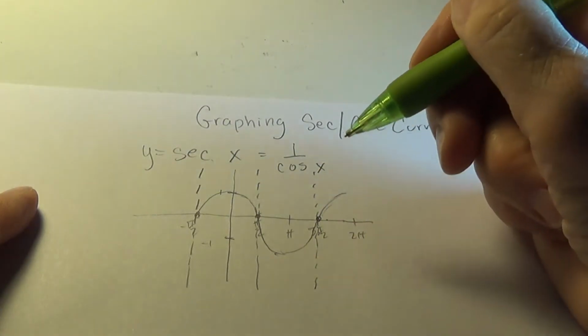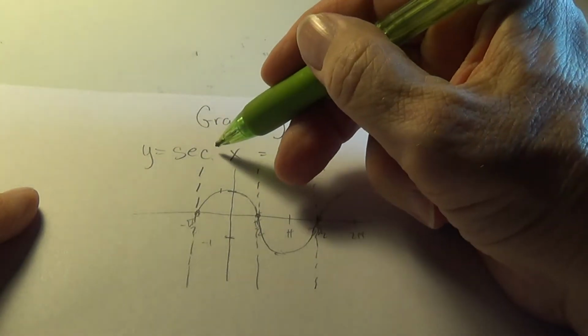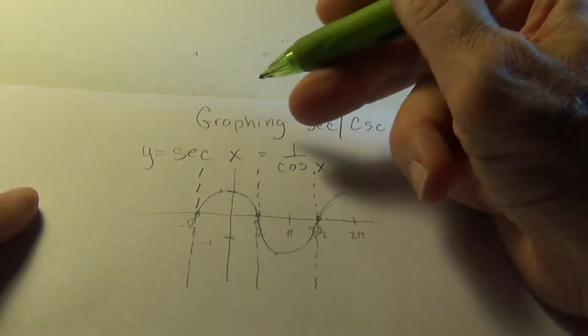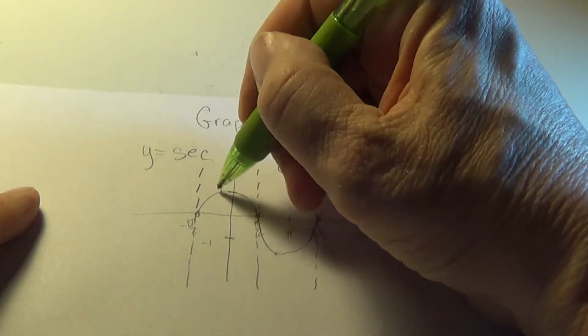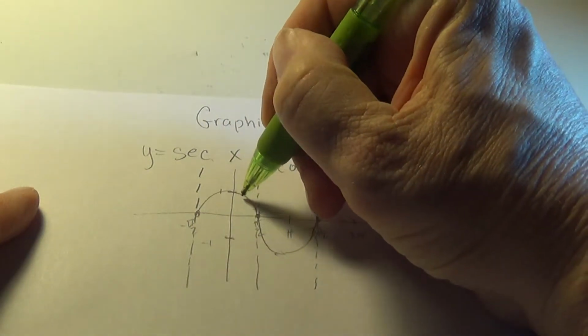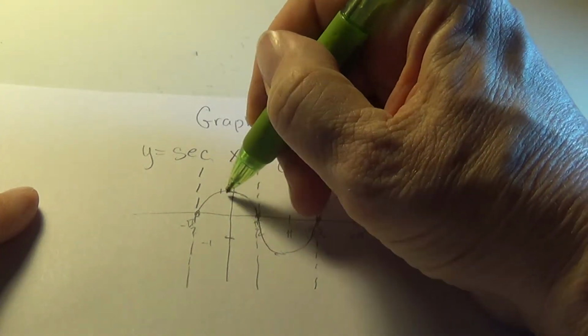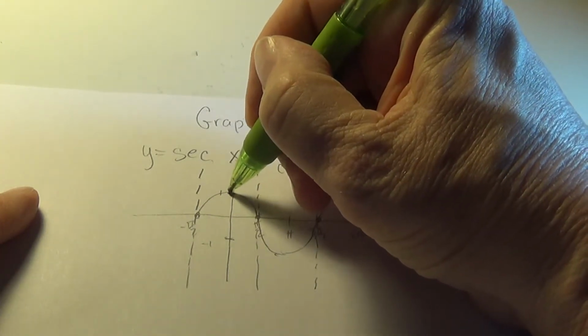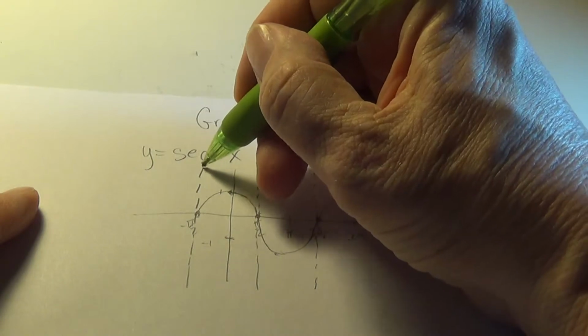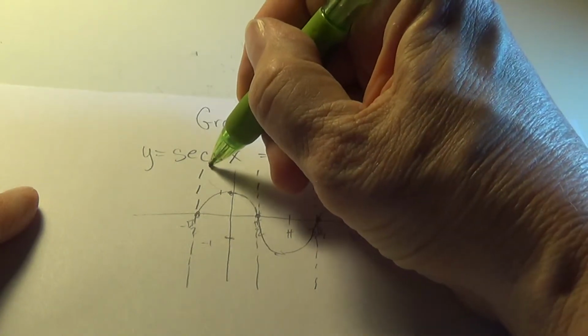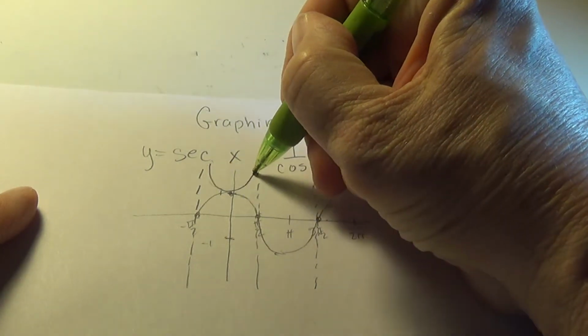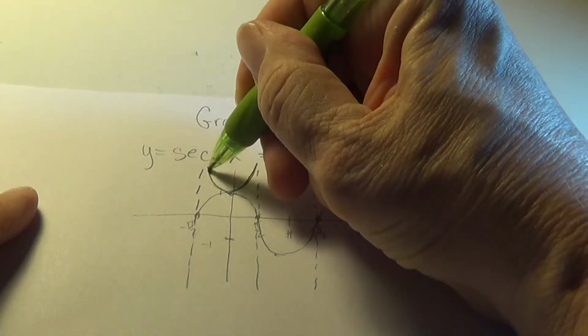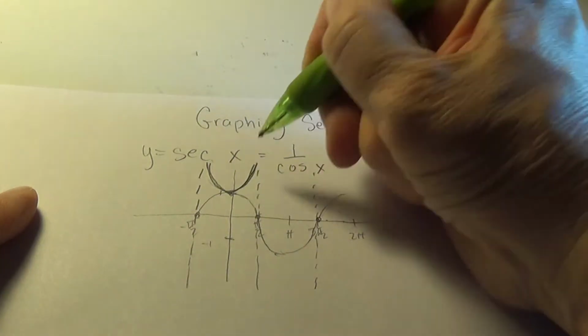Now it turns out that the secant curve, being the reciprocal of the cosine, is sort of the upside down version of this. So it's going to include that point, and it won't touch these asymptotes, but it has a U shape. Do you see it has a U shape?